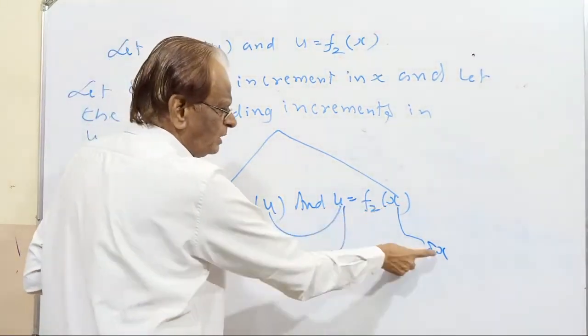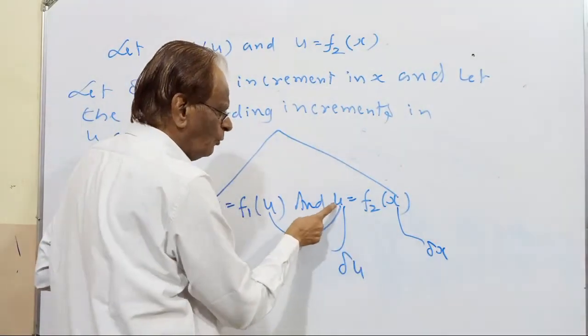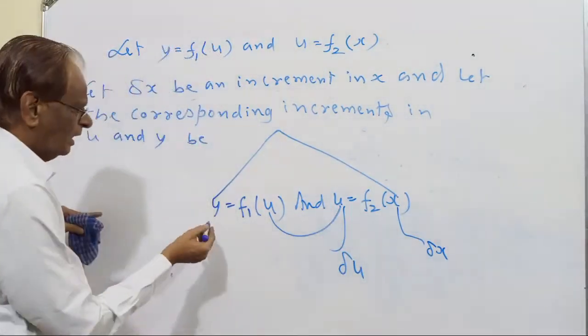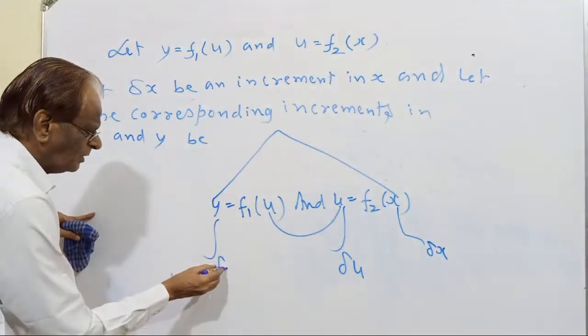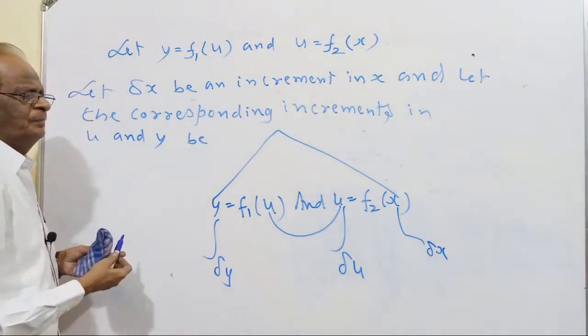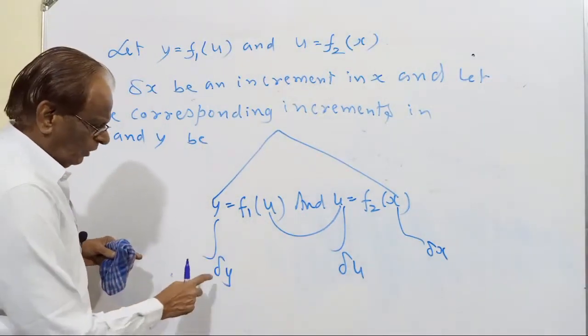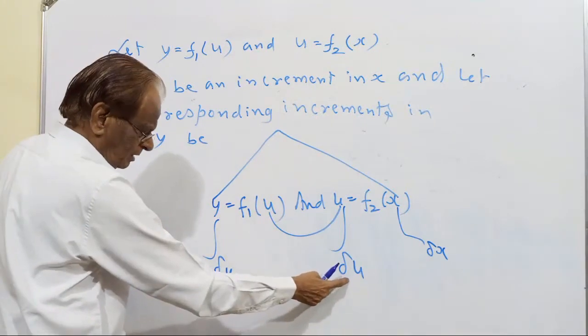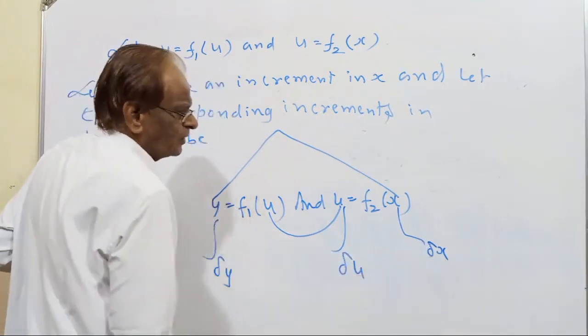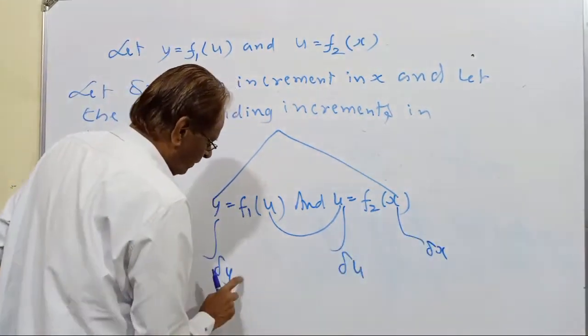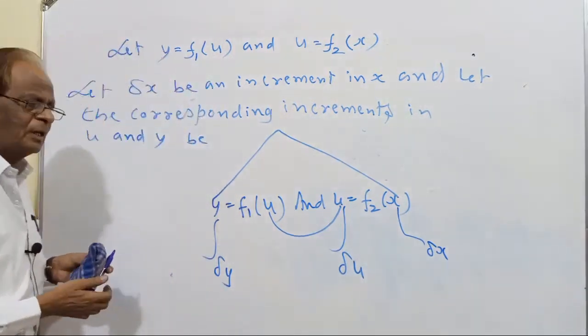First x increment delta x, corresponding u increment delta u, then corresponding y increment delta y. So these two are depending upon delta x. This is an independent increment, these two are dependent increments.